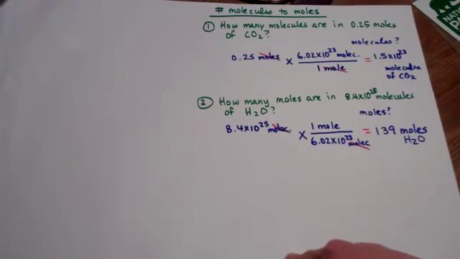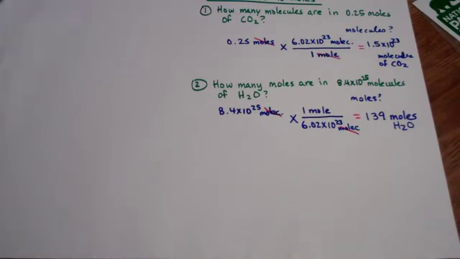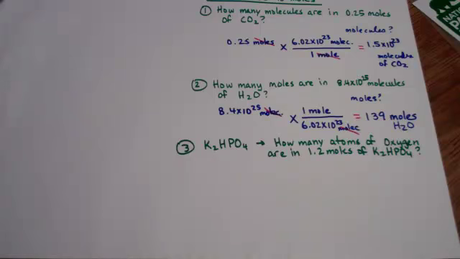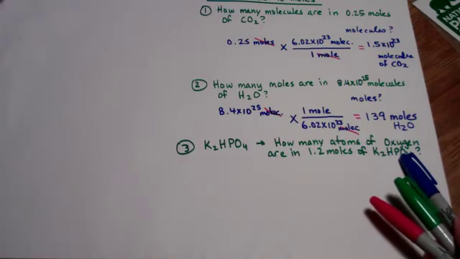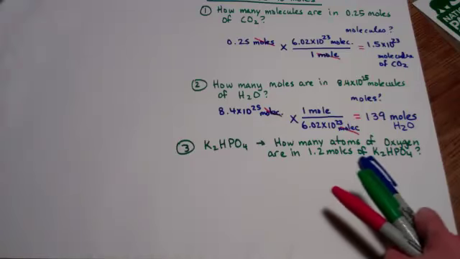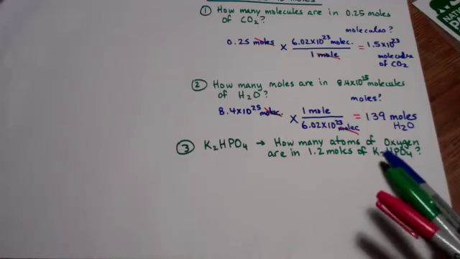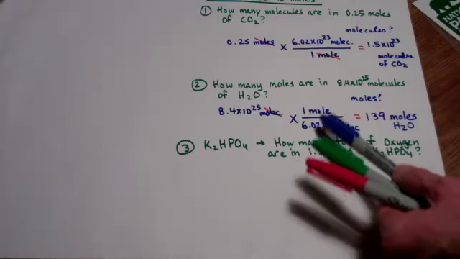So let's go back and take a look at our example from our last problem of looking at potassium phosphate. Okay, so for this type of equation, if we have a problem that says something like, how many atoms of oxygen are in 1.2 moles of potassium phosphate? So we're going to have to do some relationship work here, because right now we're given moles of potassium phosphate, and so we know we can do a conversion between moles and molecules.